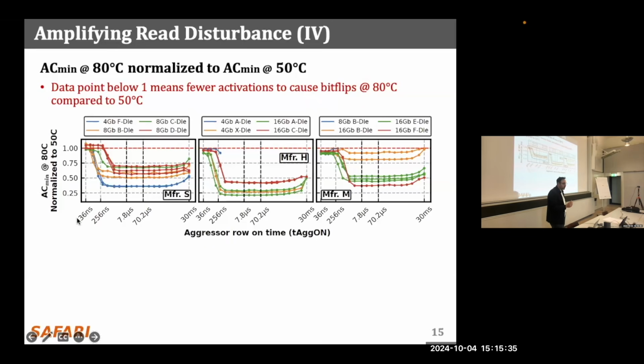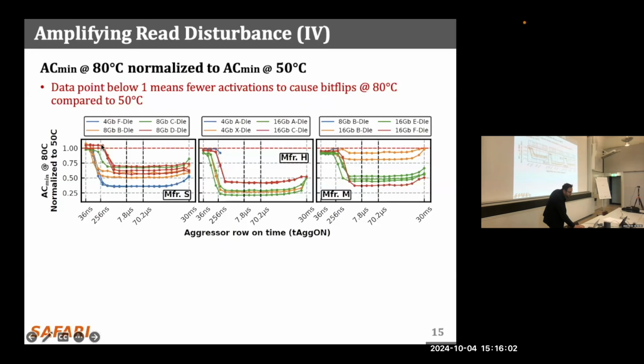So it shows you how much it's affected by increase in the temperature. If the data point is below 1, then fewer activations cause bit flips at 80 degrees compared to 50 degrees. And as you can see, in the beginning, when your tAggON is low, there's not much change with the temperature. This is an average across a lot of cells anyway.